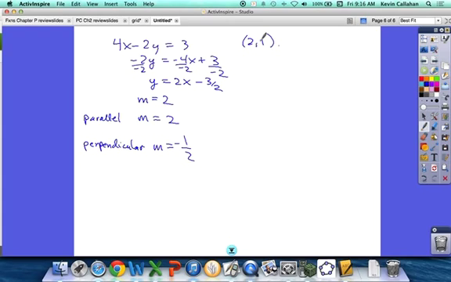If it's parallel, then I'll have y minus 1 equals 2(x minus 2). If it's perpendicular, I'll have y minus 1 equals -1/2(x minus 2). Solve for y, which I'll leave out to save a little time. So remember, when you get parallel or perpendicular, they're trying to tell you the slope, just not in a direct way.